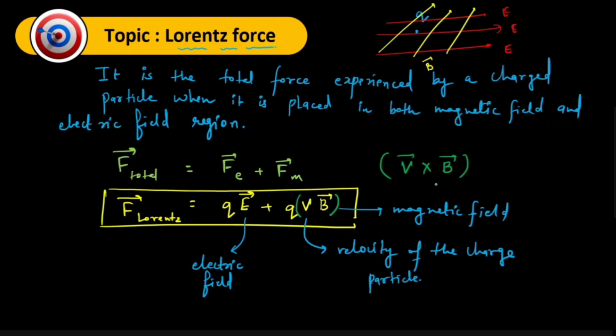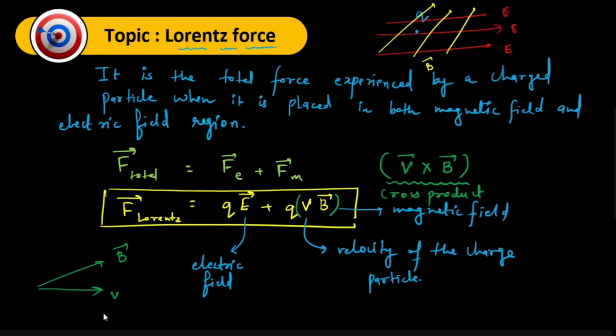Now this is a little tricky. It is simply representing a cross product. Suppose this is the direction of velocity of the charged particle, and this is the direction of the magnetic field. You'll be looking at these cases more precisely in the next class.